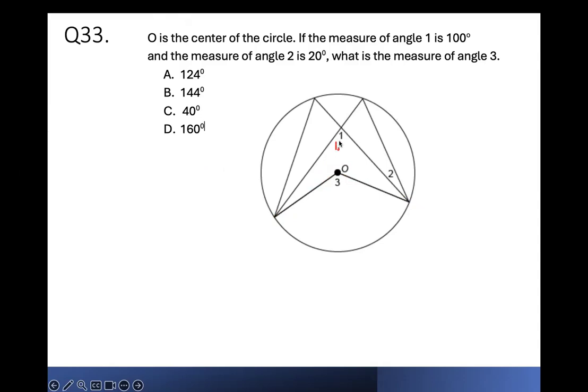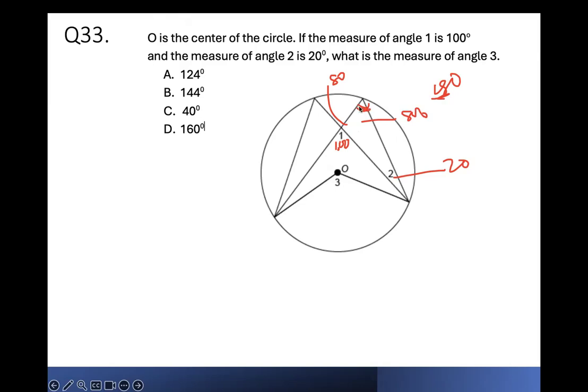If this is 100, this is what? It's a line, so this has to be 80, so that we get 180. They've given you angle 2, which is 20. This plus this angle should be equal to 180. You have 80 plus 20, that's 100. That means this has to be 80.